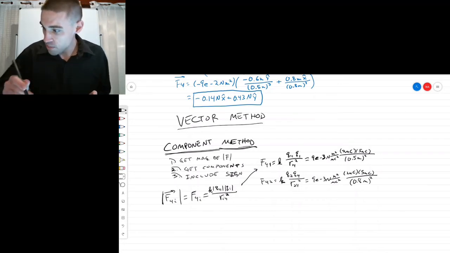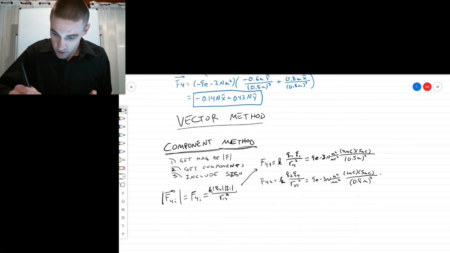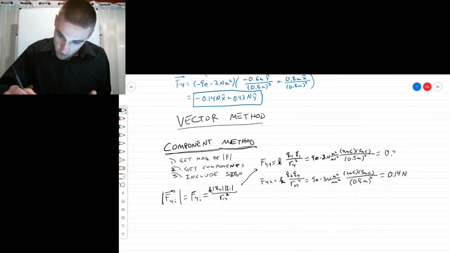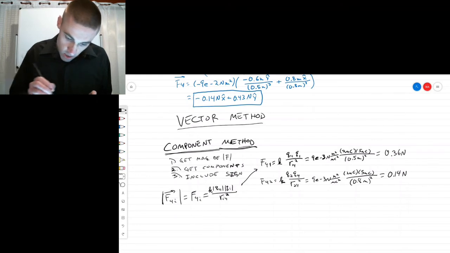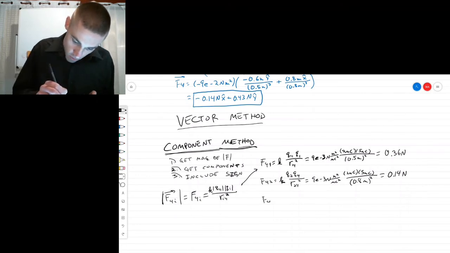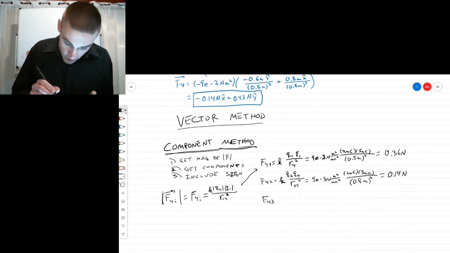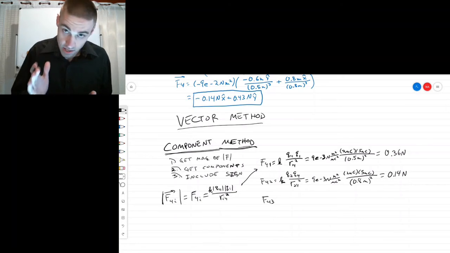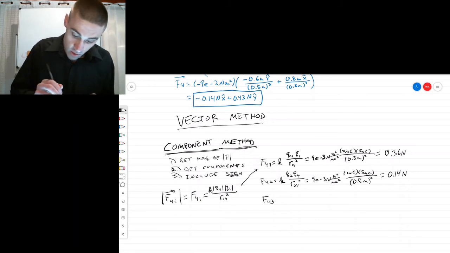Okay, if I plug these two things into my calculator, I get that this is 0.14 newtons, and I get that this is 0.36 newtons. Okay, and F43, so the magnitude of F43 is exactly the same as the magnitude of F41. So those things are completely equivalent. So this is also just 0.36 newtons.